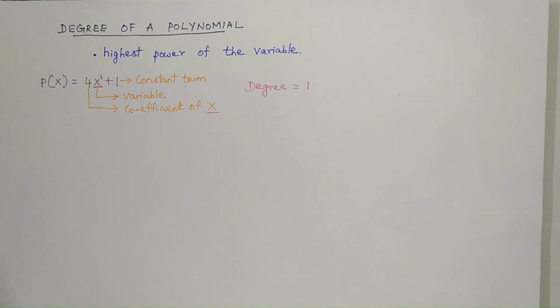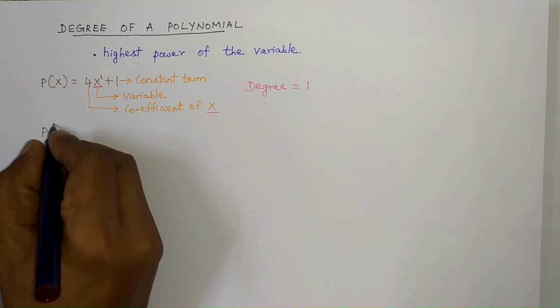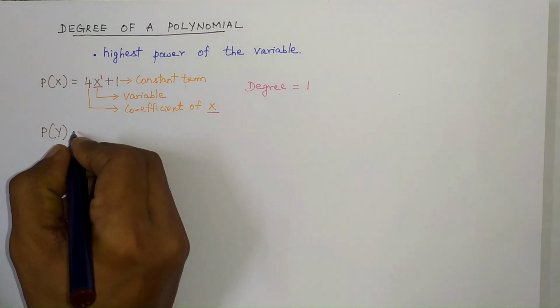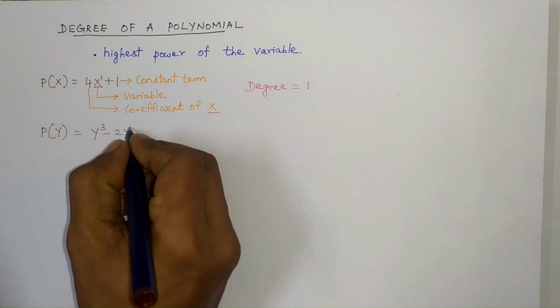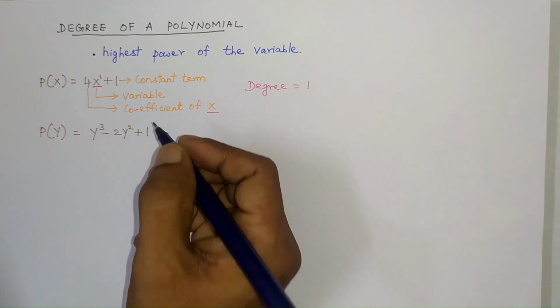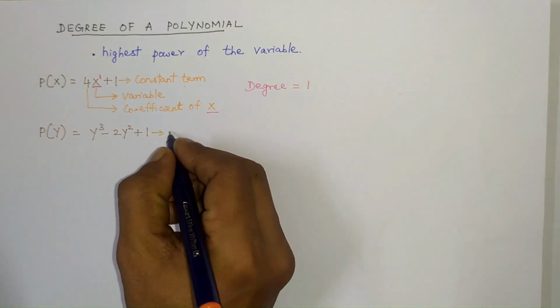Okay, so let us look at one more example. P of y is y cube minus 2y square plus 1. Let us write out the terms. This 1 is going to be our constant term.